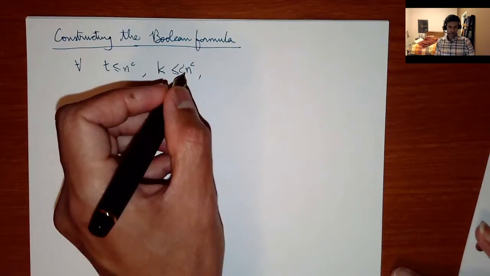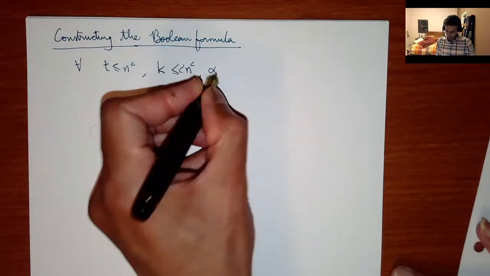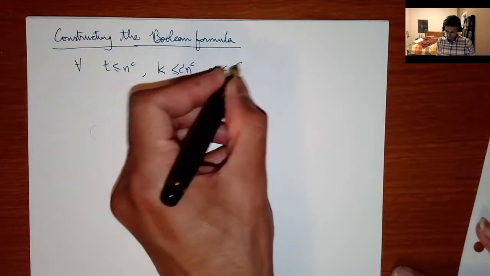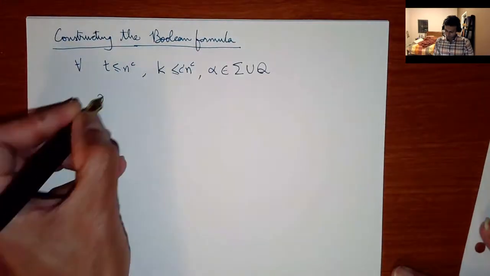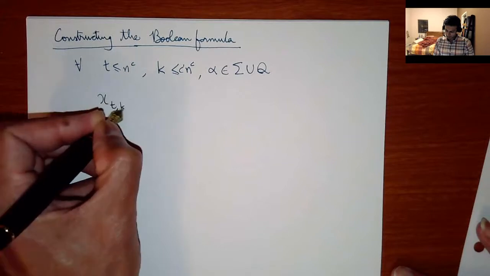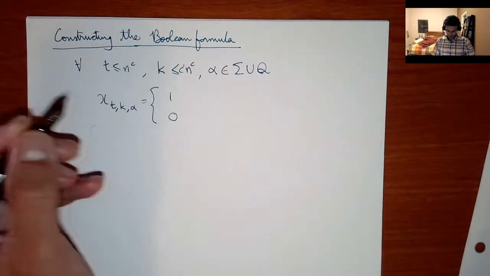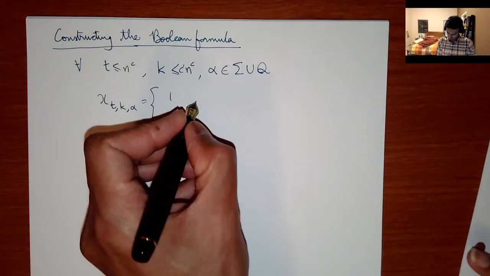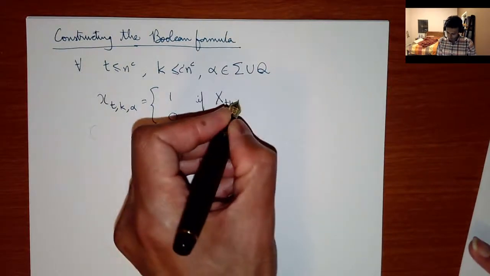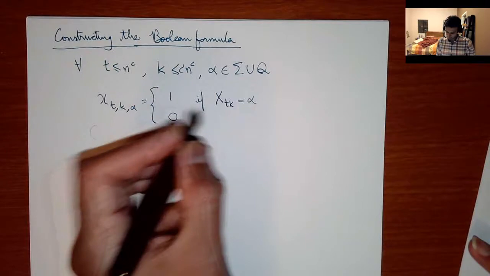This is just some constant. And for every alpha in sigma union Q, I'm going to define a Boolean variable x_t_k_alpha, which is true if I want to set x_t_k equal to alpha, and false otherwise.